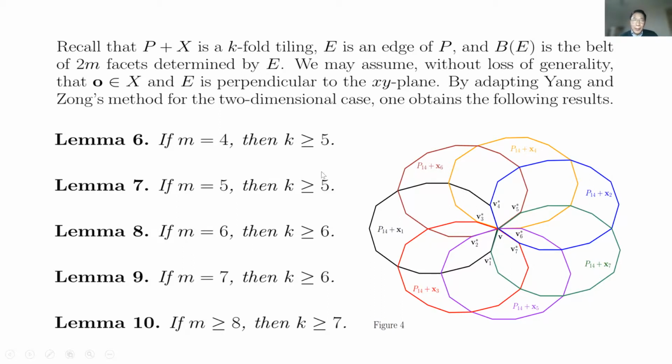Then look here. The multiplicity is larger than 5 when M is more than 4.